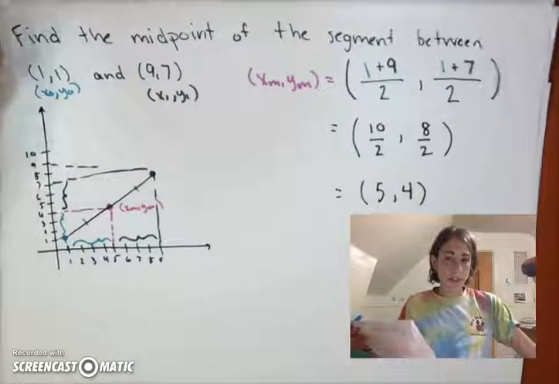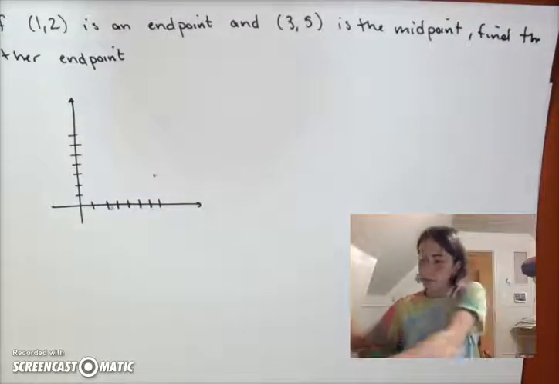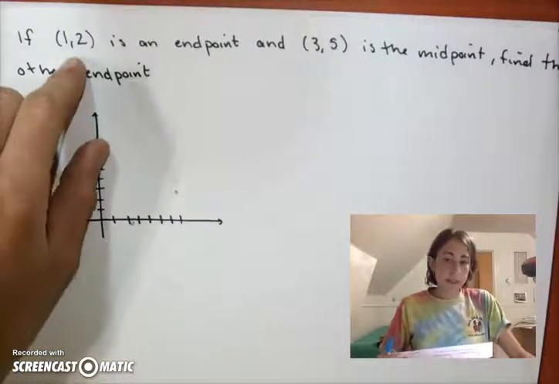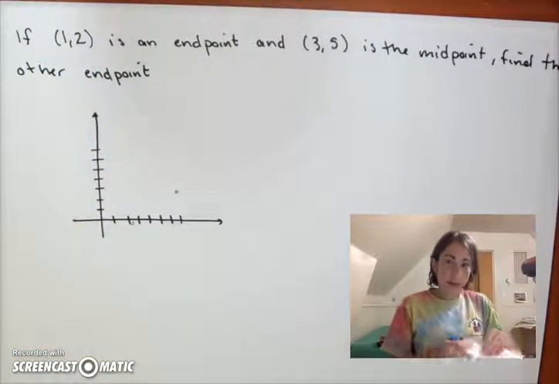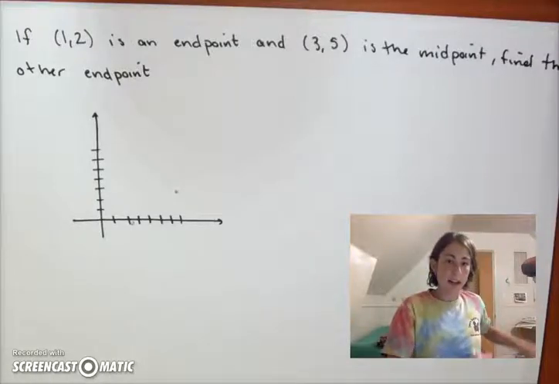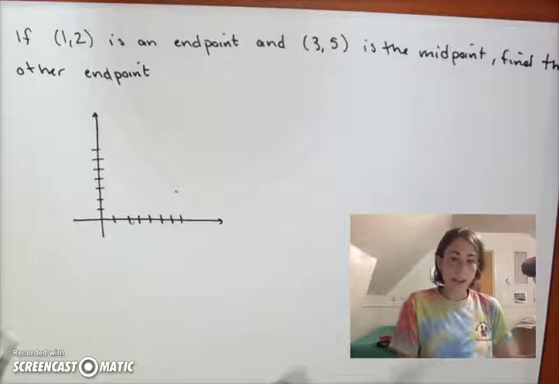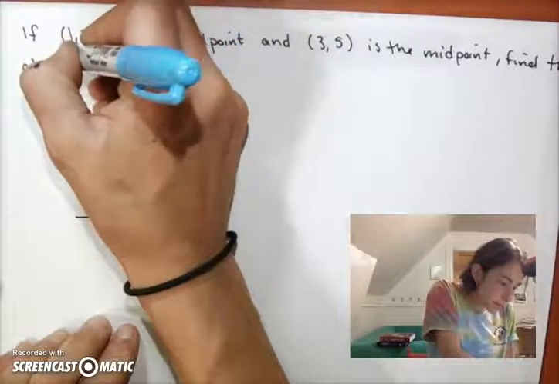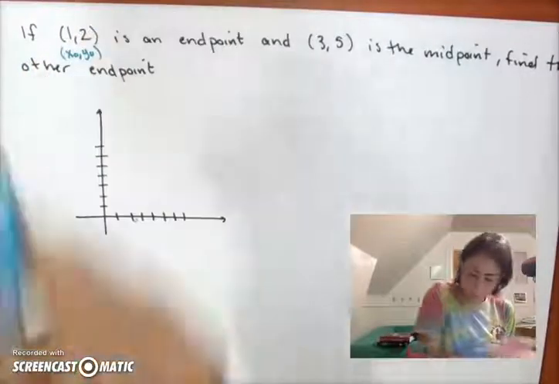Let's do one more trickier example where we use the formula in a different way. So if 1, 2 is an endpoint and 3, 5 is the midpoint, our goal in this example is to find the other endpoint. So let's first graph this to get a sense of what's going on. So this is my x0, y0.